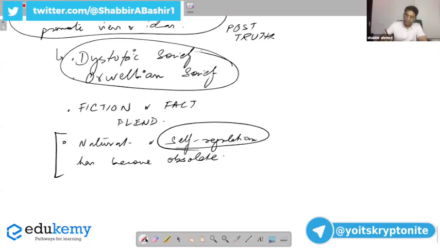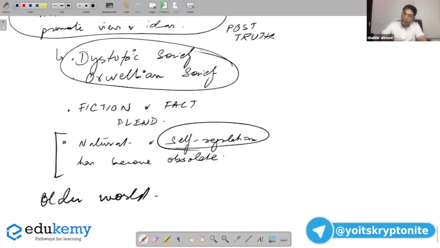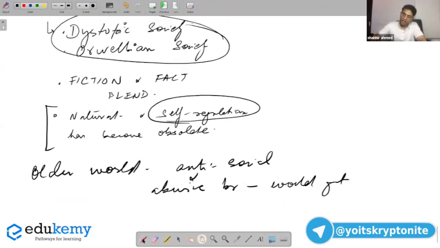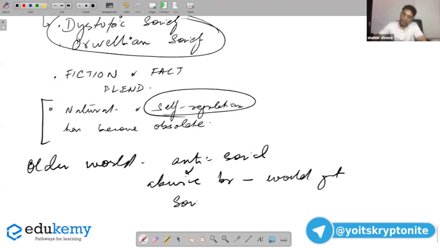देखो, in the older world, anti-social and abusive behavior would get socially penalized.